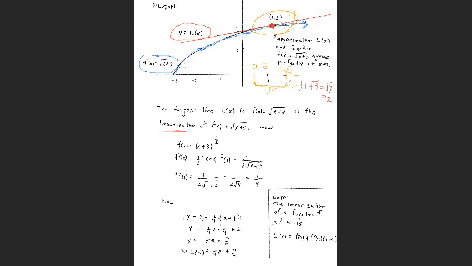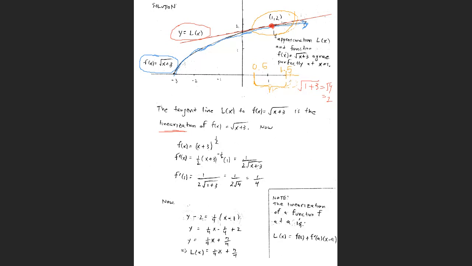In other words, does our function square root of x plus 3 basically look linear between the values of x equals 0.5 to x equals 1.5? Does our function seem to be approximately linear?